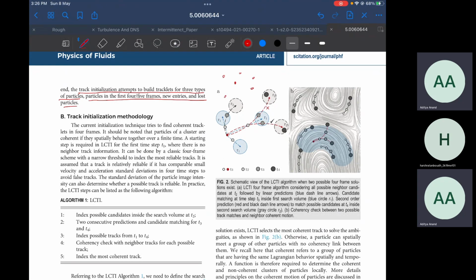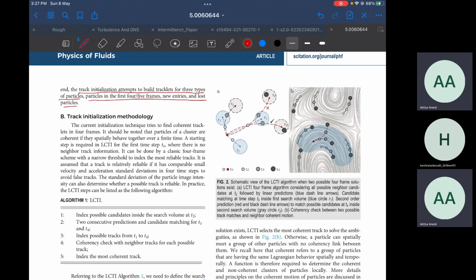If there is a correlation between these tracks, you keep those tracks, and if you do not find any significant correlation, you drop those tracks, like shown in the example here.